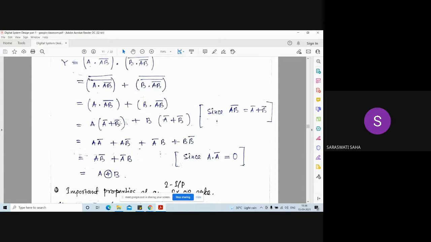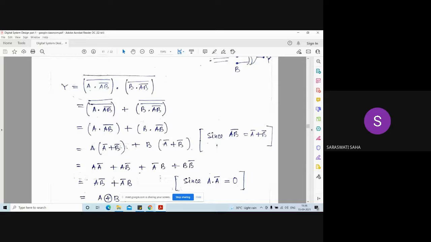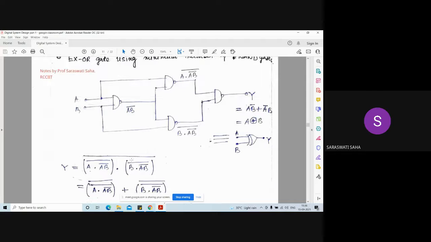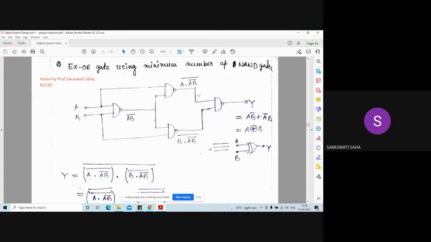And using the Boolean rules, AA' gives us 0. Here BB' gives us 0. So finally we will get AB' + A'B. This is the output expression for the XOR gate. So this is the implementation technique of XOR gate using the minimum number of NAND gates.